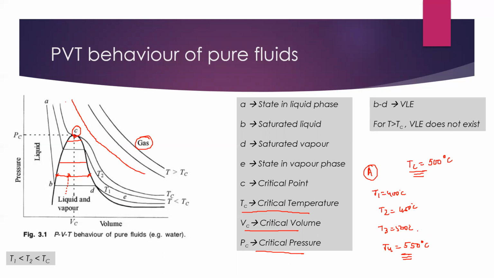So if you raise the temperature above the critical temperature, you'll not be able to get liquid. You'll have to reduce the temperature. Otherwise, no matter how much you increase the pressure or reduce the volume, the substance is not going to be in the liquid form.